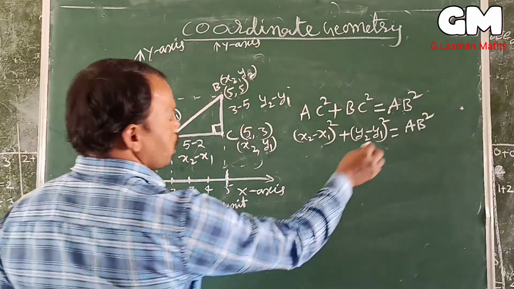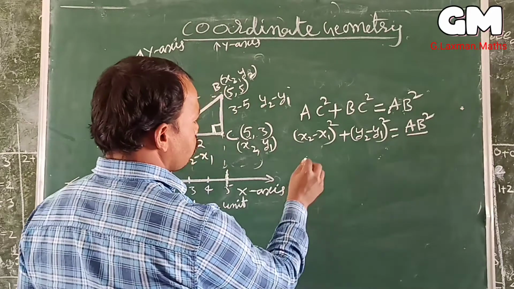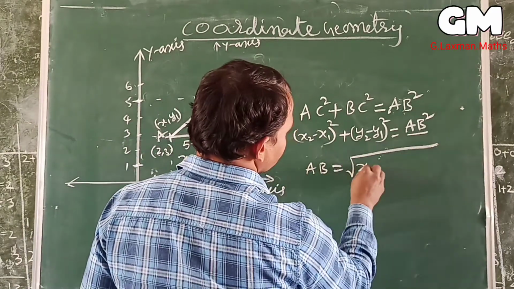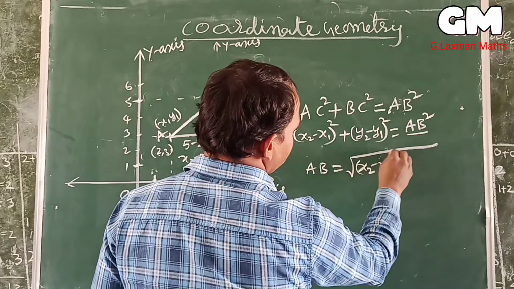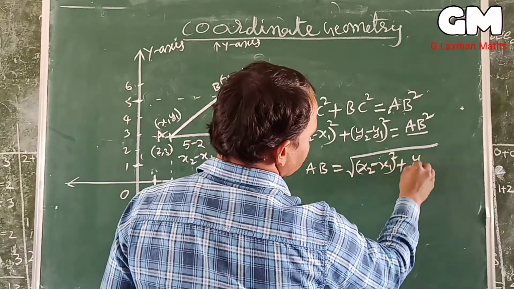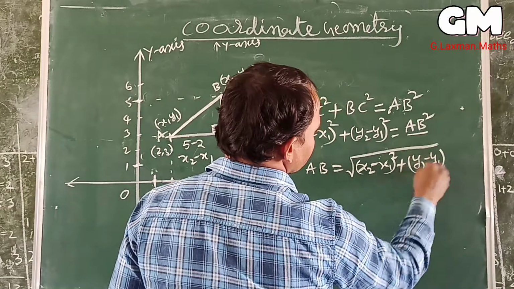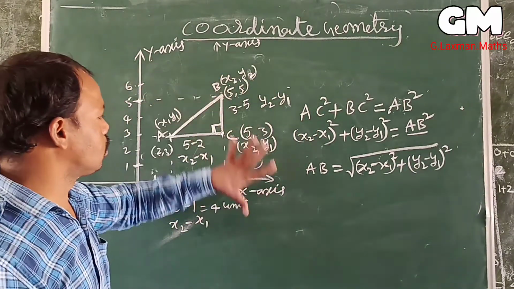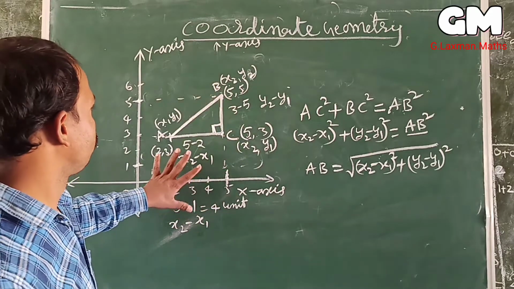So now we need to find only the distance AB. The length of AB is the root of x2 minus x1 whole square plus y2 minus y1 whole square. This is the formula to find the distance between any 2 points in a coordinate plane.